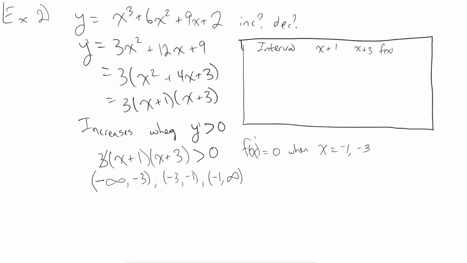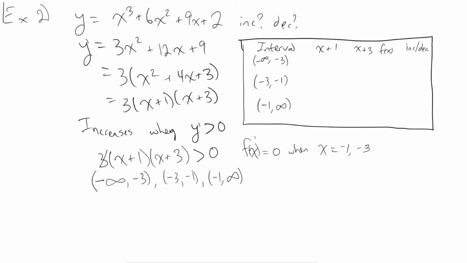And then say, are we increasing or decreasing? So our first interval is when x is less than -3, so from -infinity to -3. Our second interval, once again, -3 to -1. And third interval, -1 to positive infinity.